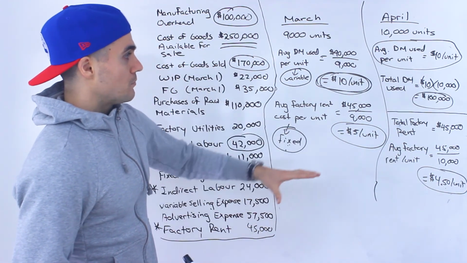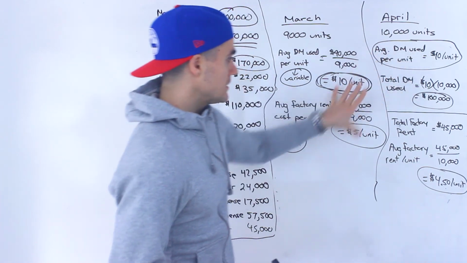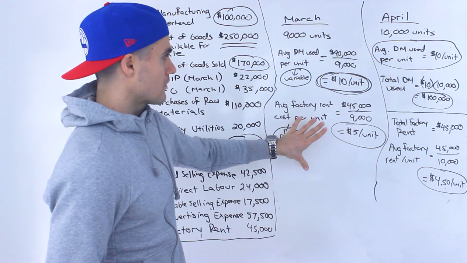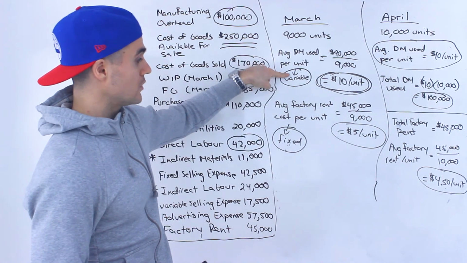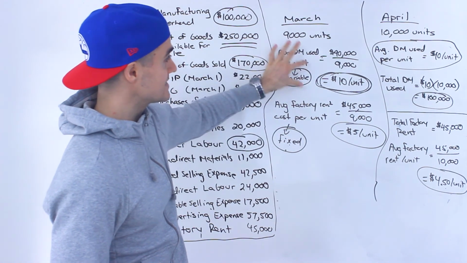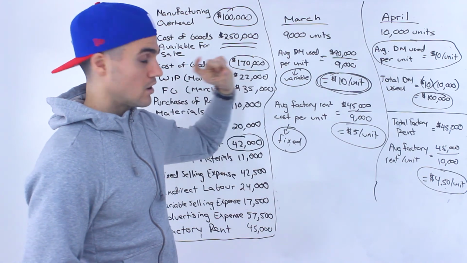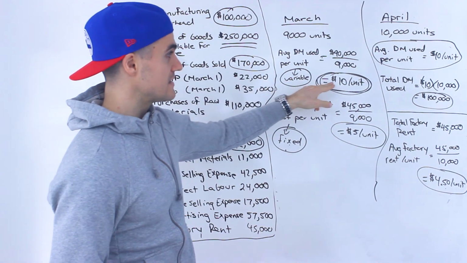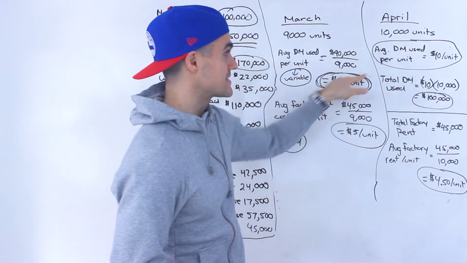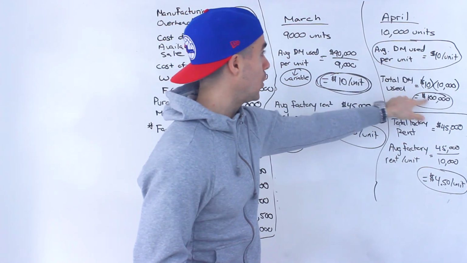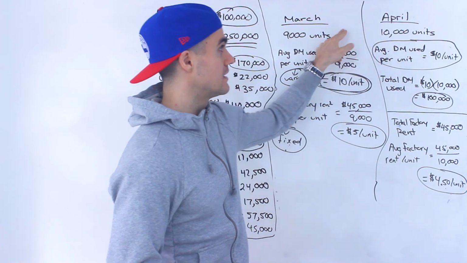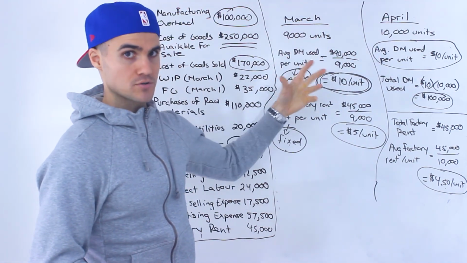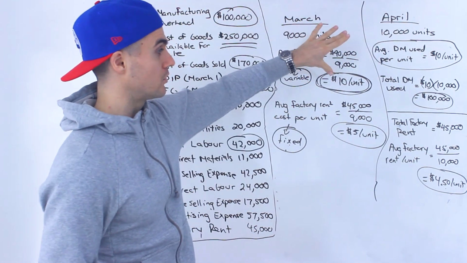All right, so basically the differences between these two, the type of difference is because of the variable cost versus fixed cost. Because the direct materials is a variable cost, the average is staying the same, but the total, 90,000 versus 100,000, is different because the number of units produced is different from March to April.